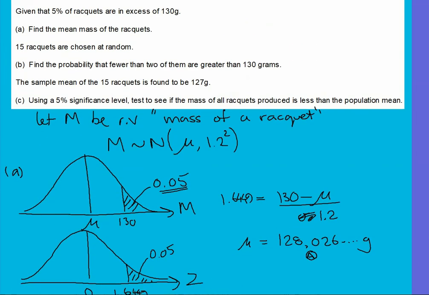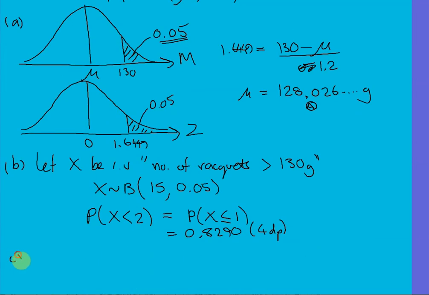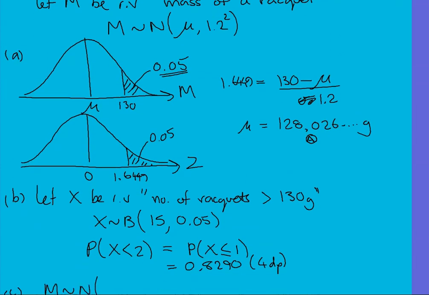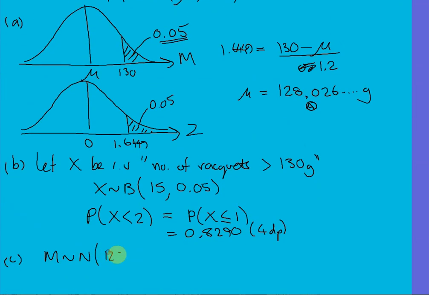Right. Part C, here we go, sample mean. So as soon as you see that, get in the habit of writing out your sample. So we know M is distributed normally for a mean of 128.026, that's stored as A, and a standard deviation of 1.2.